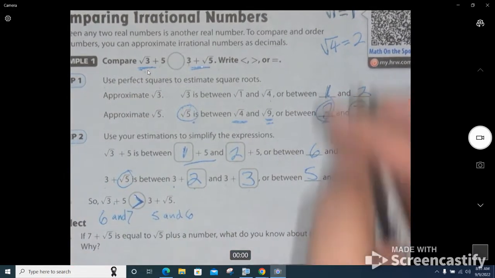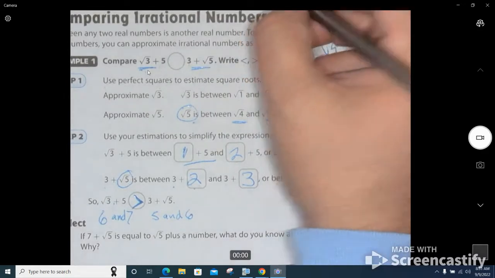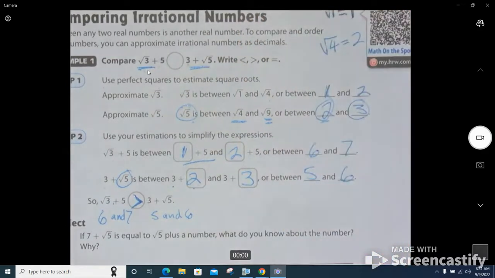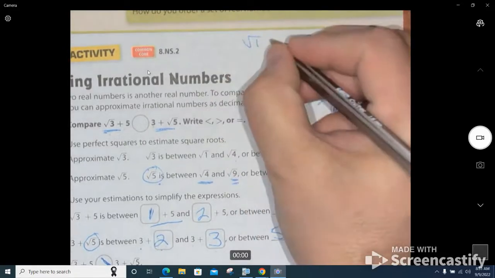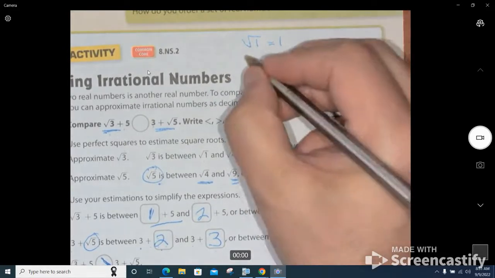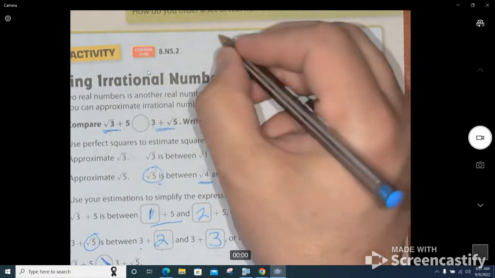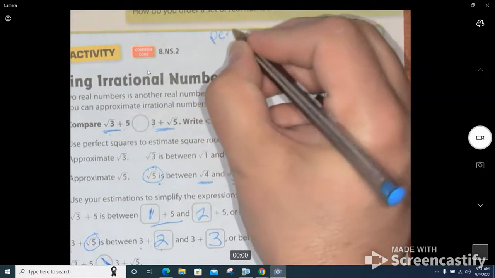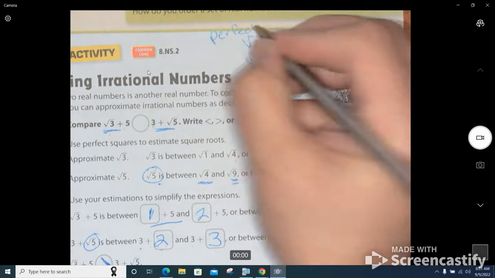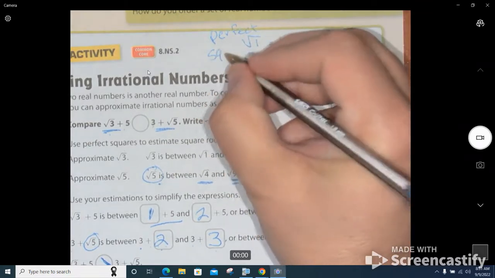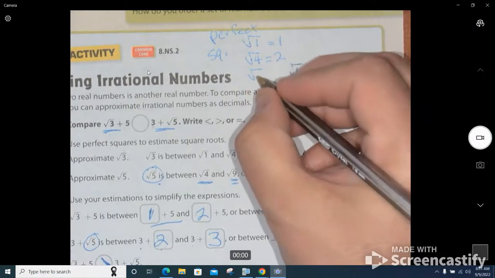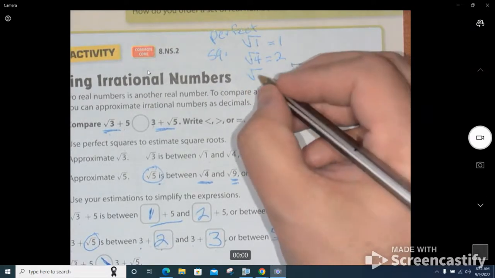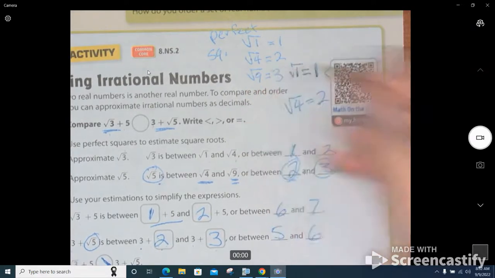So we think to ourselves, the square root of 3. Over here on the side, I'm going to say the square root of 1 is equal to 1. The square root of 4, and we're just focusing on the perfect squares, is 2. The square root of, what's the next number, 9, is 3.